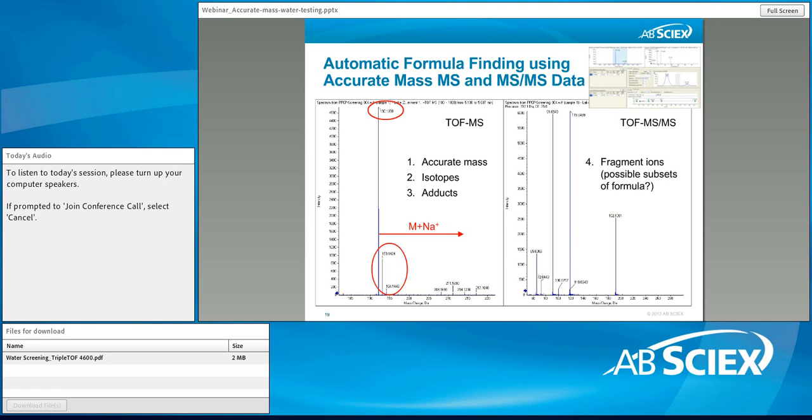All these four features together typically result in a very short possible list of molecular formulas. So for instance, for this example in the water sample we studied here, there actually was only a single formula which could explain the MS and MS-MS ions.